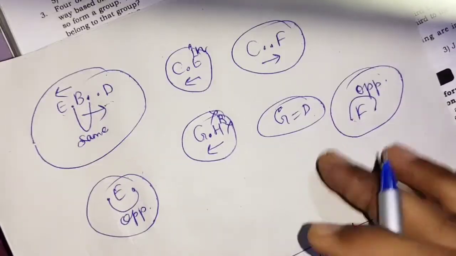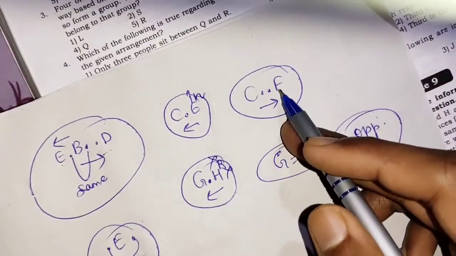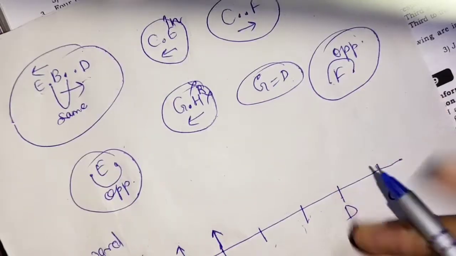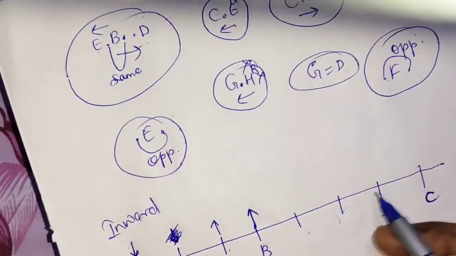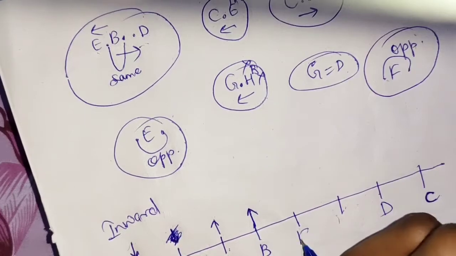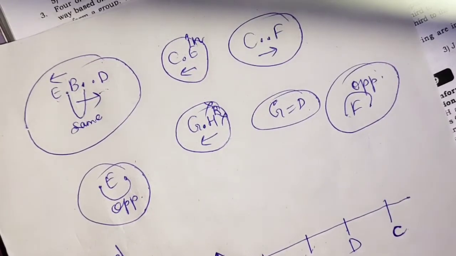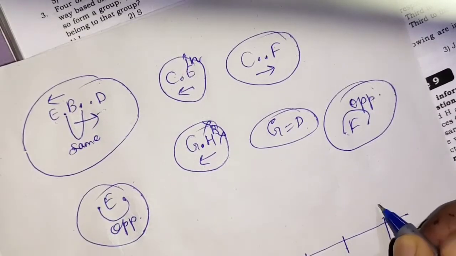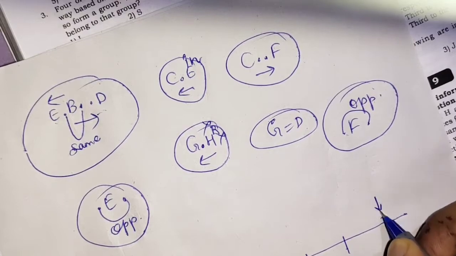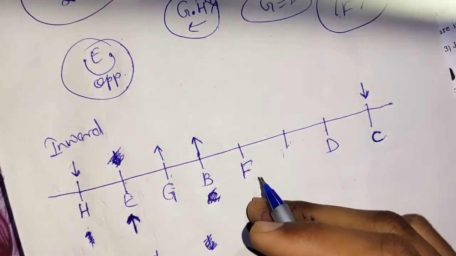Now we can successfully place F. So at a gap of two persons from C, F will be placed here only. And since F is third to the right of C, what will be the direction of C? C's direction will be downward. Only then will F be placed third to the right of C.